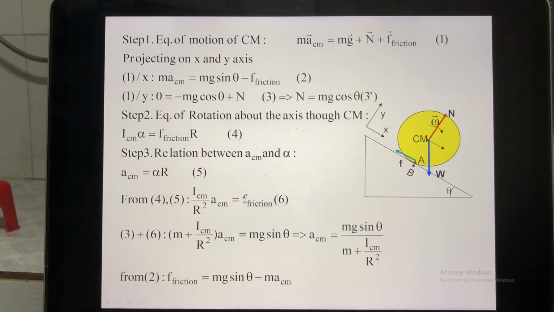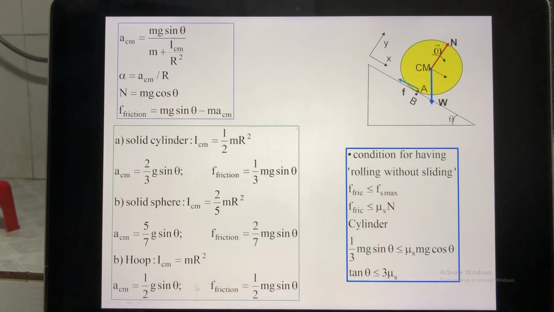So you put it into the formula for friction, and you have this equation. From here you get the formula for acceleration, and from this equation you can calculate the friction. So you have the formula for acceleration, you have the relation with linear acceleration so you can define the angular acceleration, you have the friction, and you have the normal force here.